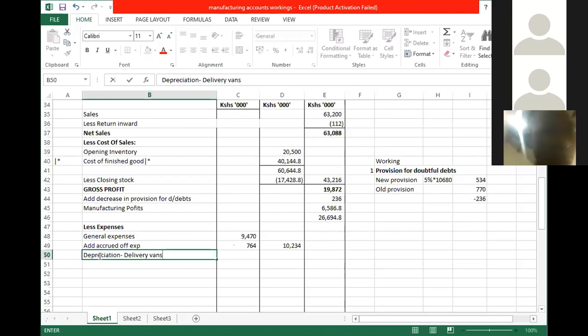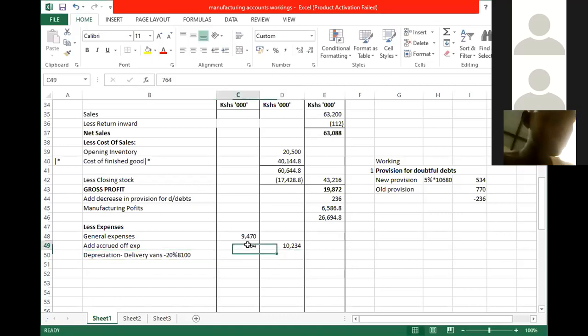We are supposed to depreciate it at 20%, right? What was the original amount, because we are depreciating it on cost? 81. Good. So what will be the amount? 1620. Thank you. Any other expense that you can see?